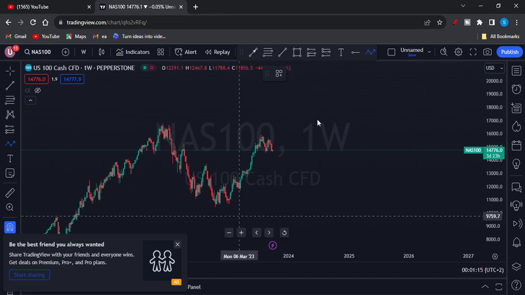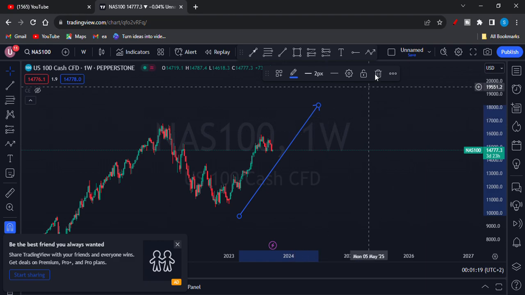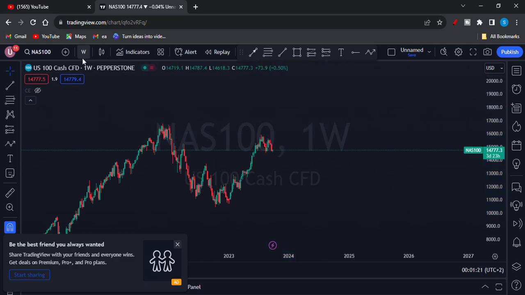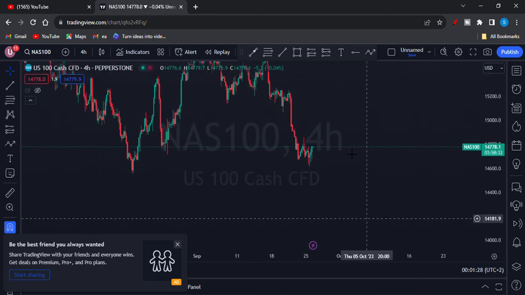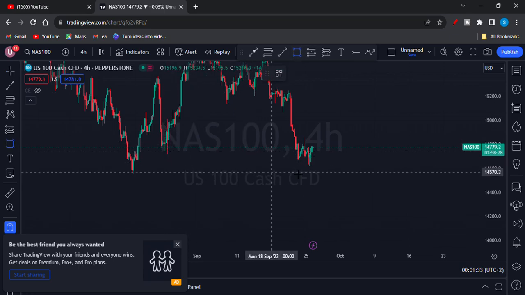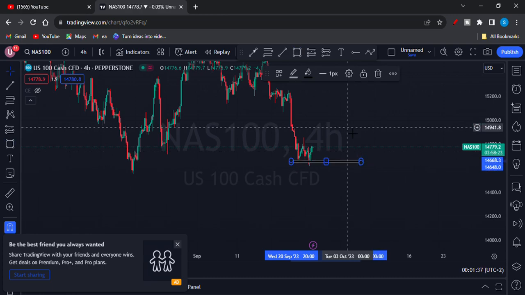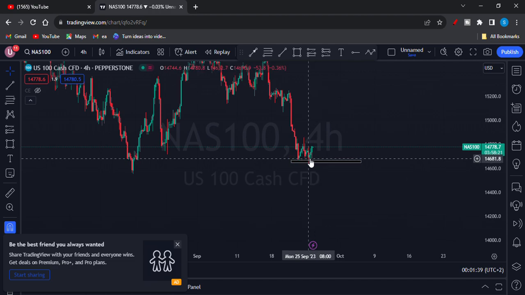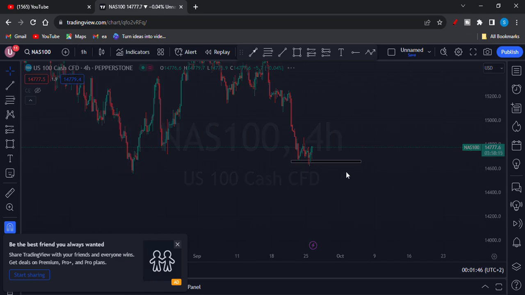So let's analyze Nasdaq. On a weekly, we are on an uptrend, and then let's go to our 4-hour. On a 4-hour, we have this zone right here, being a support area, and then let's go to our hourly.